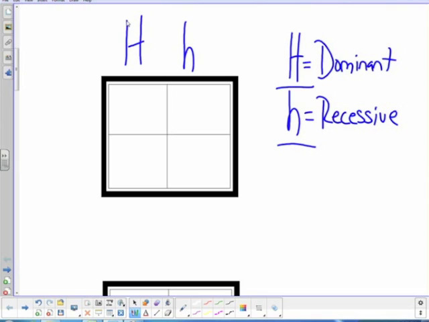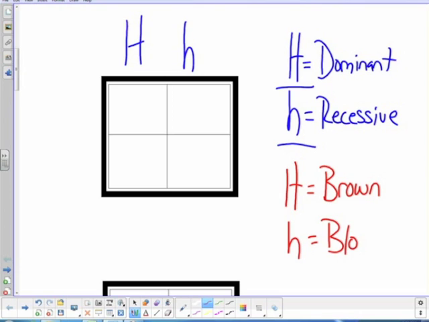Now, we know that in hair color, brown hair is dominant. And then we also know that blonde hair is recessive. Brown is dominant, blonde is recessive.